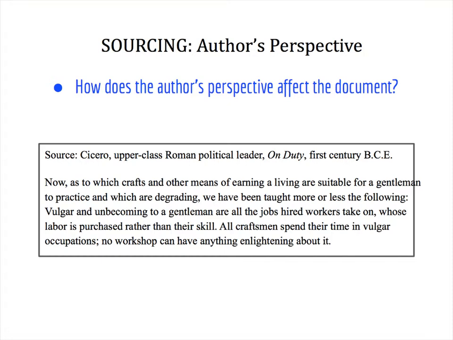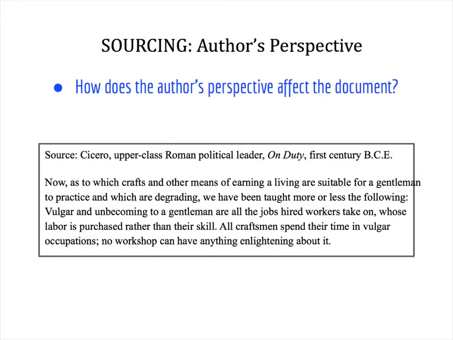One way is to consider who the document's author is and how that person's characteristics, maybe their gender or their ethnicity or their occupation, affected the content of the document. This kind of sourcing focuses on the author's human perspective.